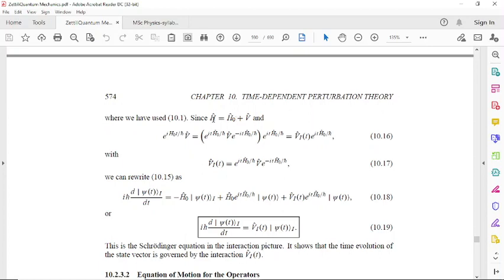We separate the Hamiltonian into a part that does not depend on time t and a potential.